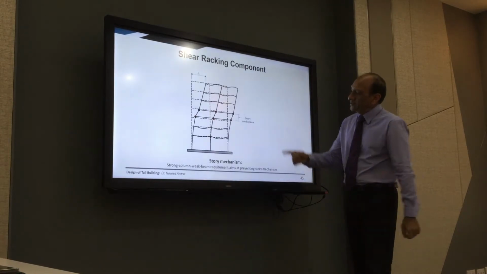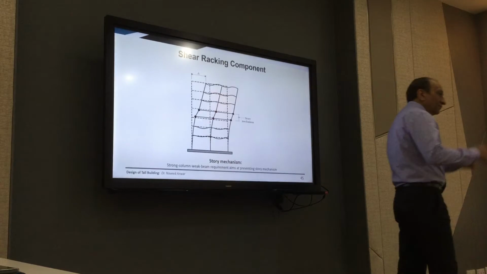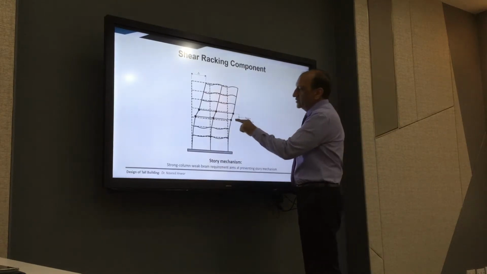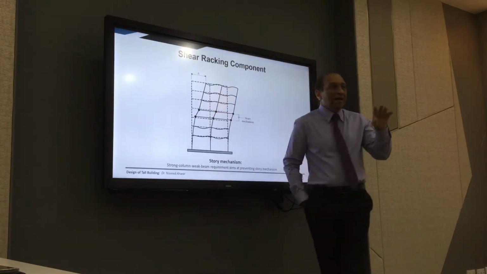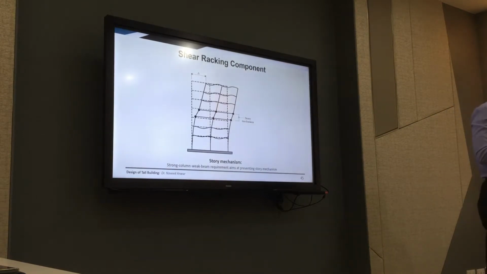So now you can see this is story mechanism. This is what we call story mechanism. That means if at any story in a tall building or any building you form these hinges, that means we have failure in all those joints, then the building will collapse, right? Because it will just become a mechanism and fold.